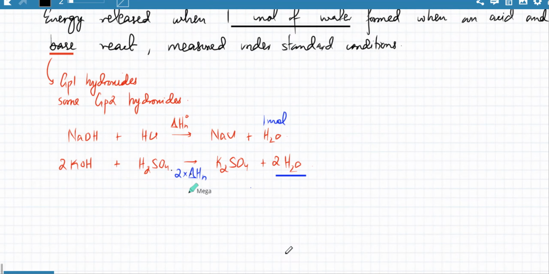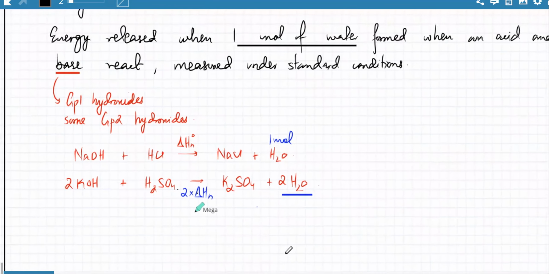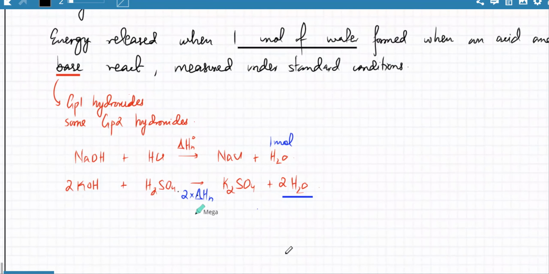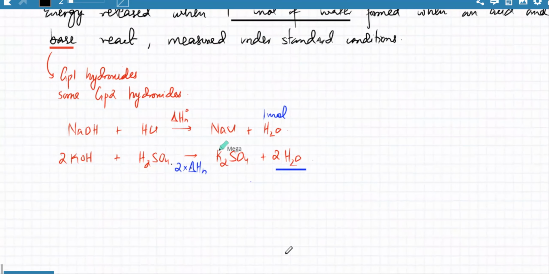Yes, sir. So whenever you have an acid and a base reaction, no matter what the acid or base is, a salt and a water molecule is going to be produced. Now you've got all sorts of acids. For example, you have NaOH plus ethanoic acid, which is CH3COOH.